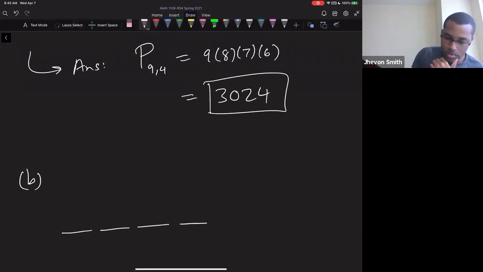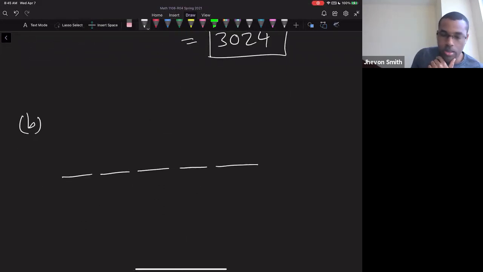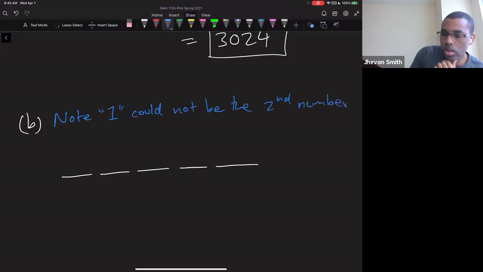So that's the first thing. 1, 2, 3, 4, 5. 1 can't be the second number, because 1 would not be larger than the first number if the second number is 1. So it means that the second number has to be 2 or bigger.